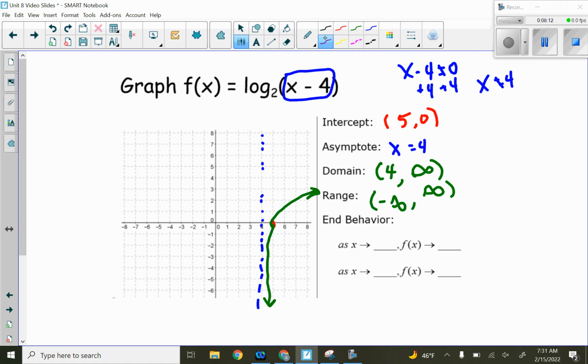Our end behavior, the furthest left our x goes is that 4. So as x approaches 4, f of x approaches negative infinity. So notice these are matching up. As x approaches positive infinity, f of x approaches positive infinity.